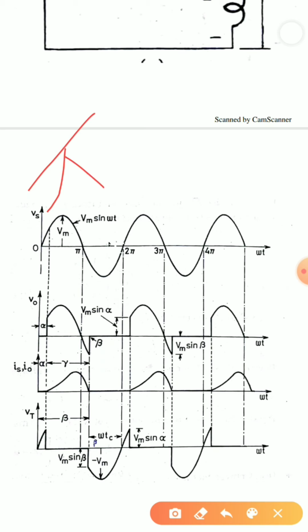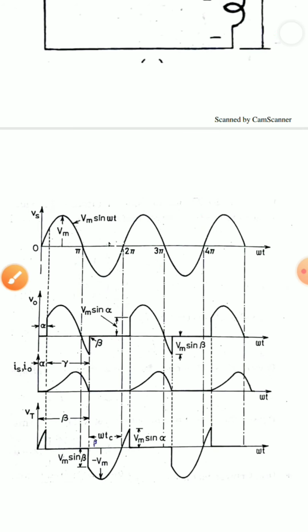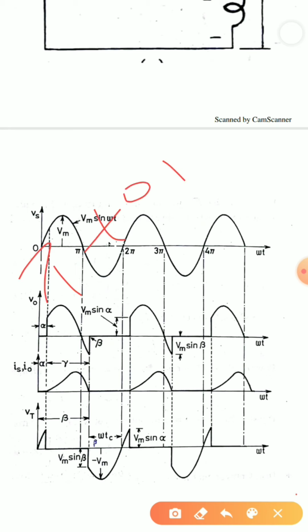That is, at pi my thyristor is turned off, but the stored charge in the inductor is responsible for this small portion that I am getting, and at angle beta this conduction will stop. So from pi to beta, there is a current flow because of the energy stored in the inductor.